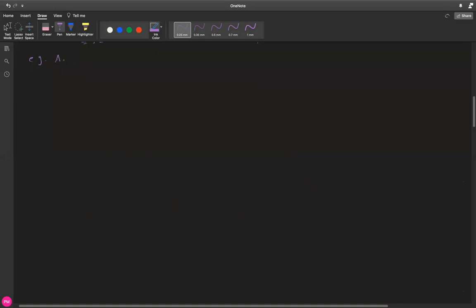A population, and I'm going to use the word decays, according to an exponential model where the initial population is given as 3,063 and the common ratio is given as 0.84.